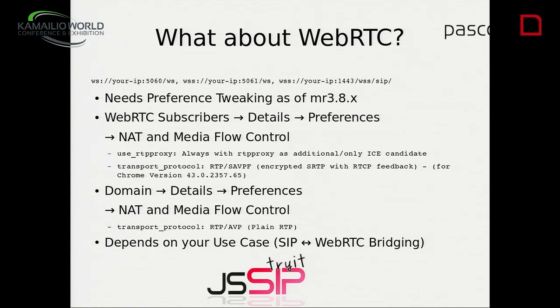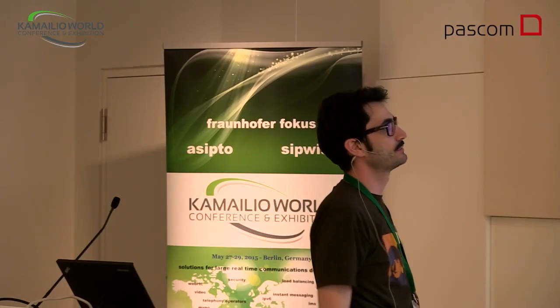Basically, we can use Bob as a WebRTC subscriber we just created before, and Alice has a SIP username, SIP device. We need to change some preferences in the NAT and media flow control menu.